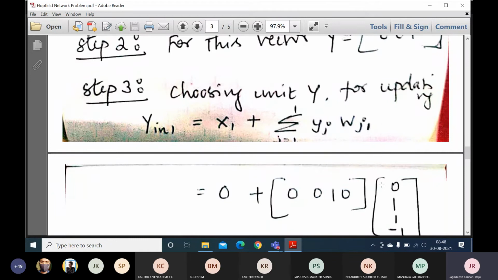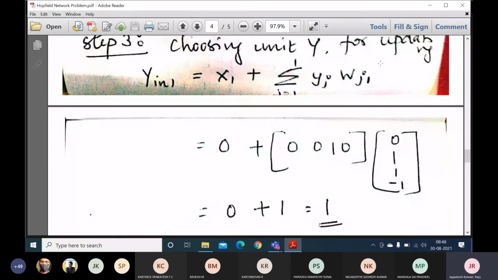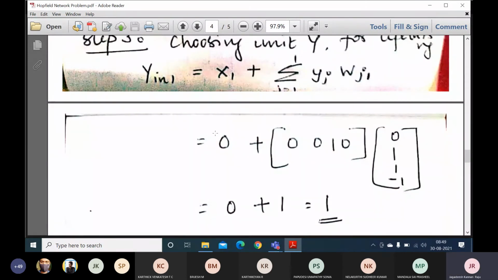What is my x1 value? Since x and y are the same, my x1 value is 0. And yj is 0, 0, 1, 0.